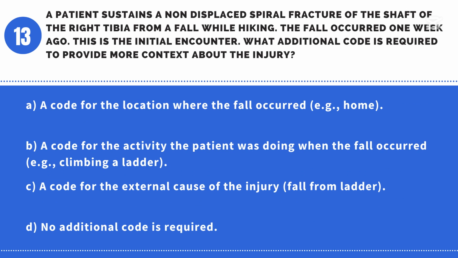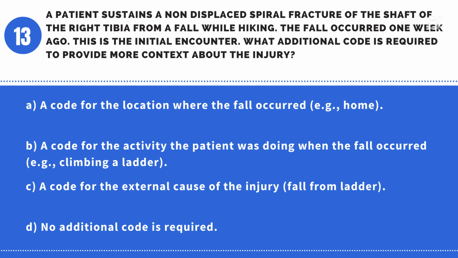Question 13. A patient is diagnosed with a fracture of the left radius due to a fall from a ladder at home. The fall occurred 1 week ago. This is the initial encounter. What additional code is required to provide more context about the injury? A. A code for the location where the fall occurred, example home.